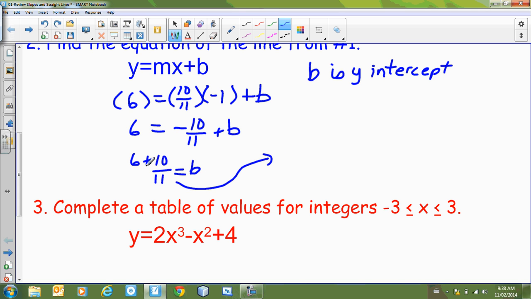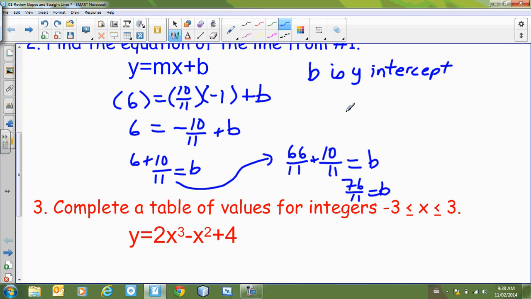And in order to add these, I want a common denominator, so I have 66 elevenths. Multiply top and bottom by 11. Numerator and denominator in that order. So b is going to be 66 elevenths plus 10 elevenths, which is 76 elevenths.